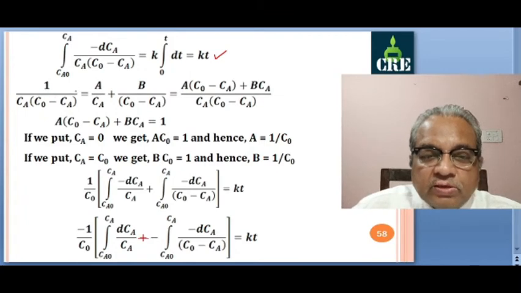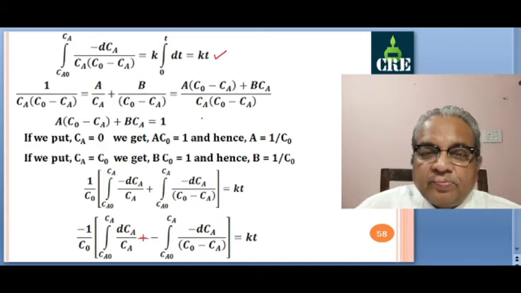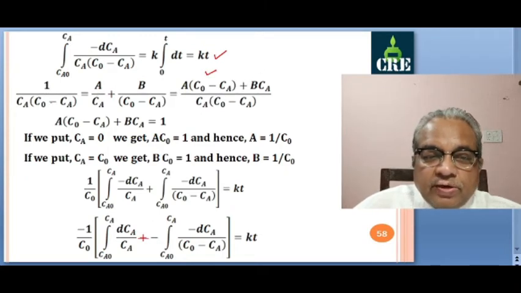So let us split in partial fractions. 1 upon CA into bracket C0 minus CA is equal to A upon CA plus B upon C0 minus CA. So 1 equals A into C0 minus CA plus B into CA. Numerators are equated as the denominator is the same.